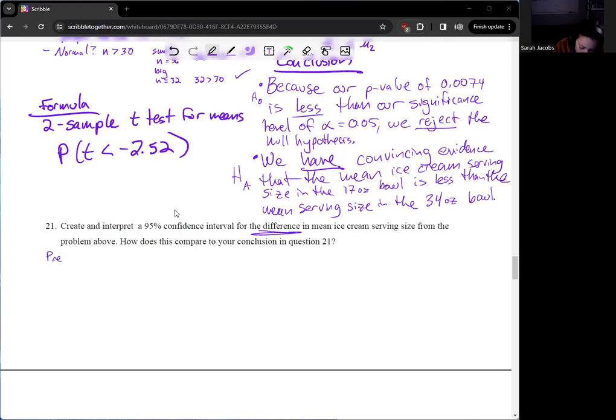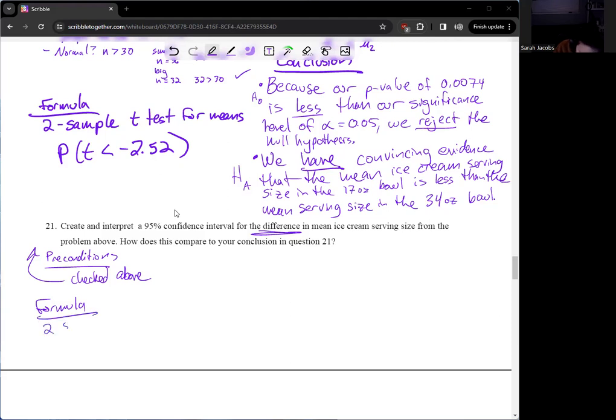So here we start with preconditions. They are the same as above. We're going to say checked above. Then our formula, this is now going to be a 2 sample Z interval, or excuse me, 2 sample T interval.